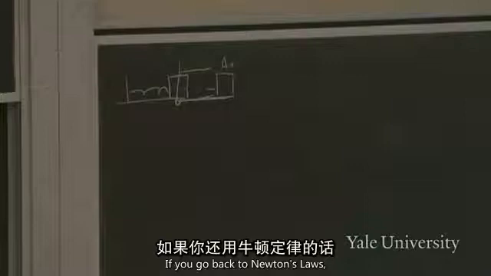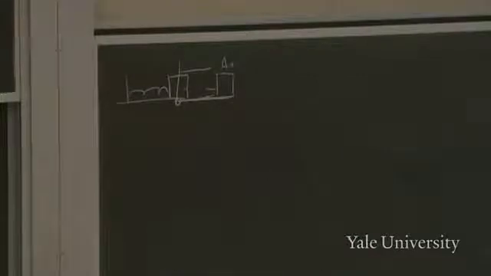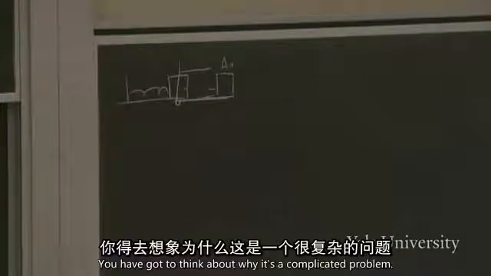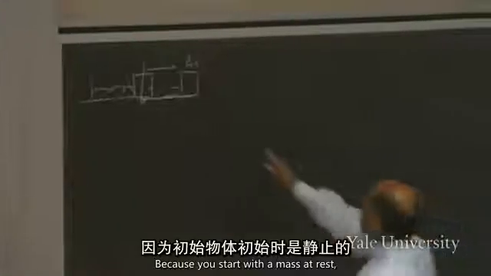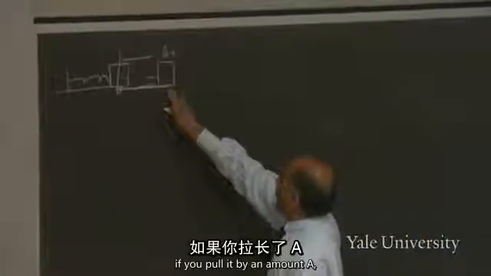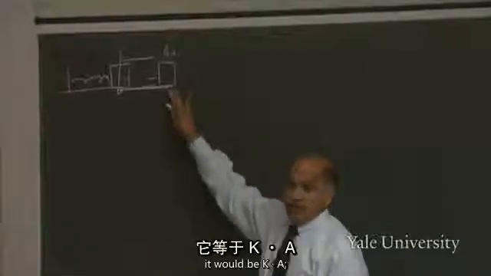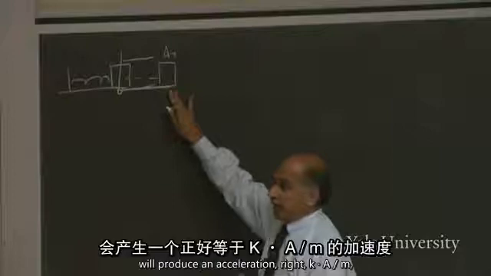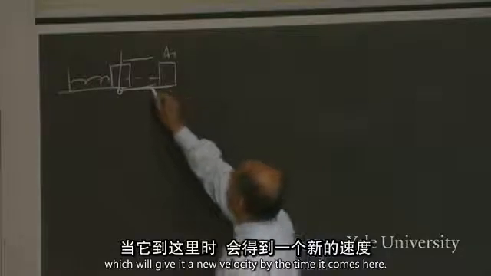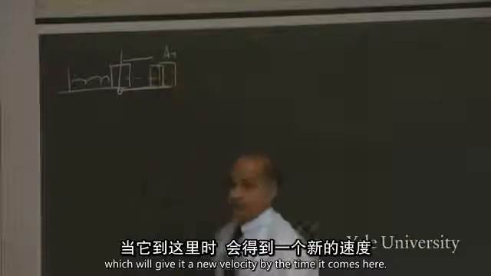If you go back to Newton's laws, it's a pretty complicated problem. You've got to think about why it's a complicated problem. Because you start with a mass at rest. If you pull it by an amount A, a force acting on it will be minus k times A. That will produce an acceleration, right, kA over m, which will give it a new velocity by the time it comes here.